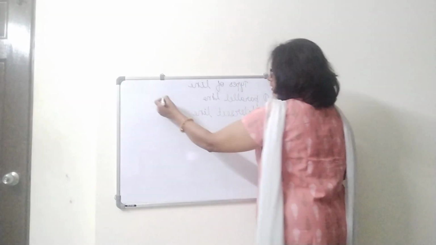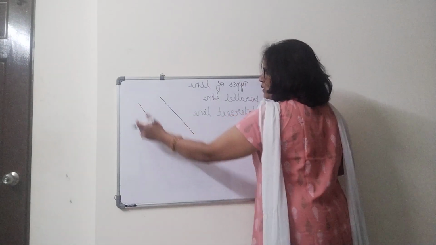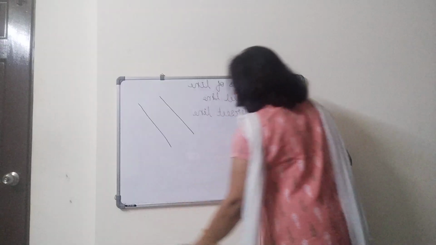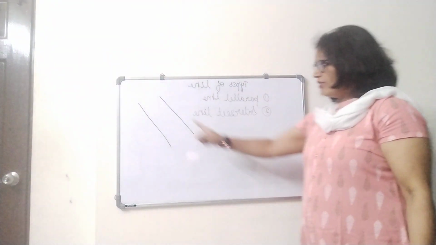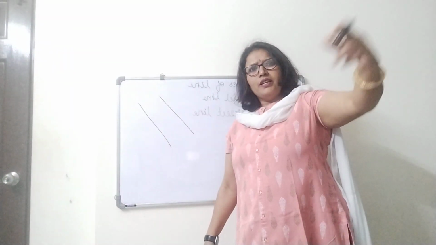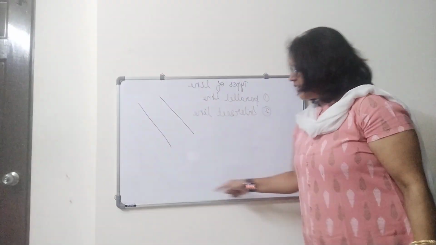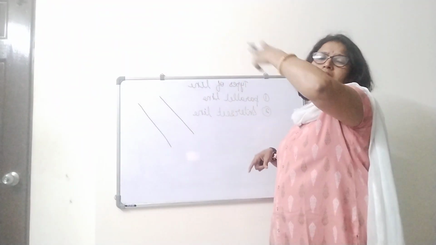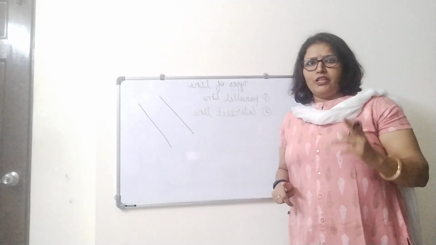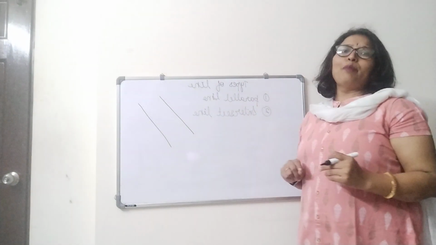This is also an example of parallel lines. If you see this line and this line, even if we extend them infinitely, they never meet each other. That is called parallel lines.